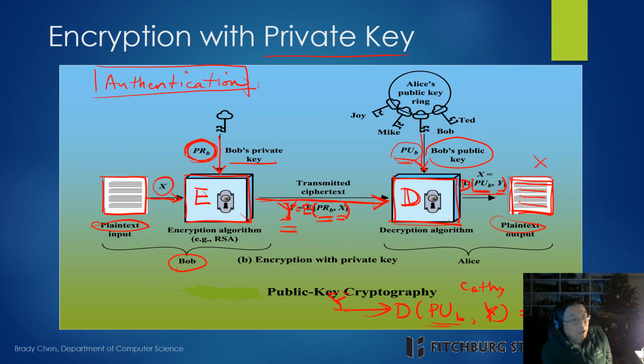One example is, for example, if the president of the United States wants to send a public message, or broadcast a message to the audience, and he or she encrypts with his or her private key and broadcasts to everyone, everyone can grab the president's public key and restore it to its original plain text.